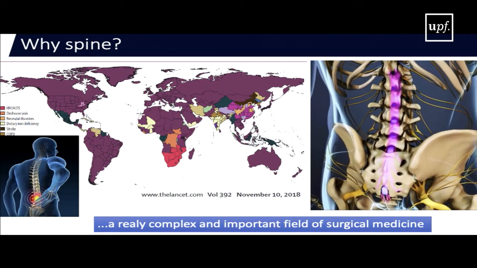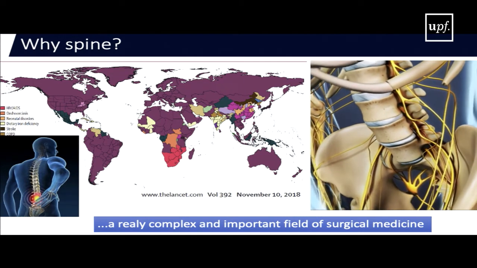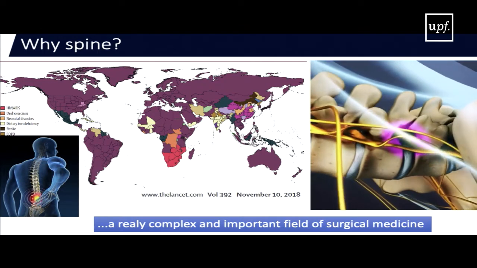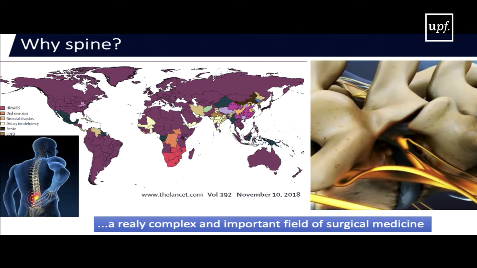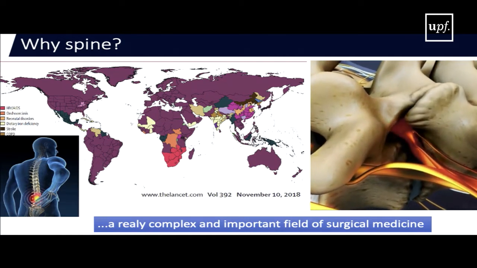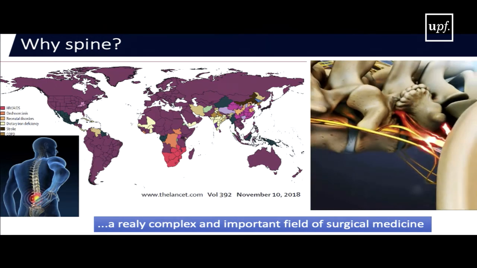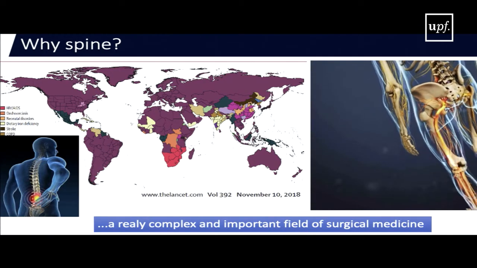On the other hand, the spine is, I think, the most beautiful organ, where biology, biomechanics, pathologies and symptoms are closely related to each other. And from the molecular level to the organ level, you can find a lot of connections, a lot of relationships.